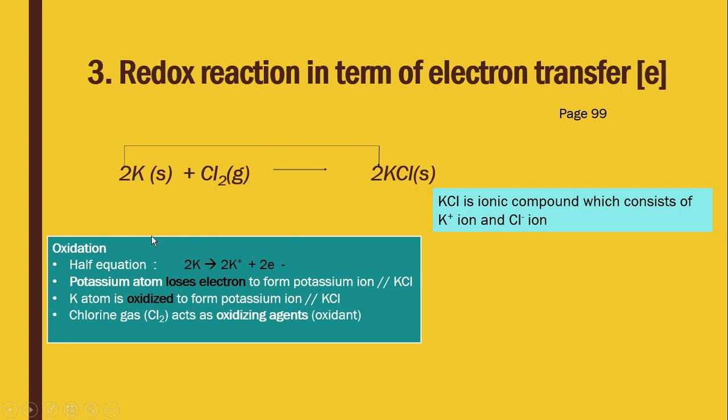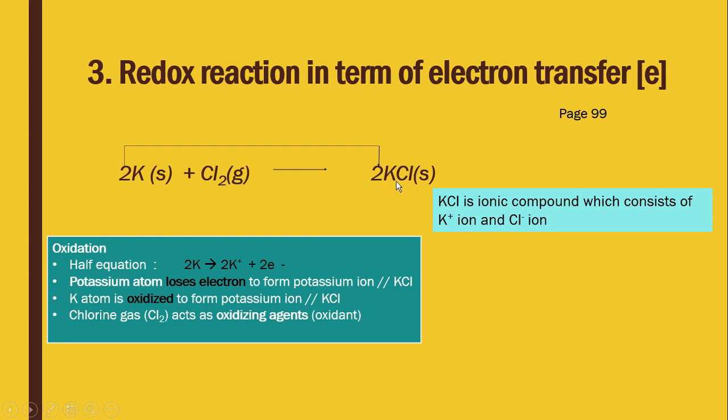After the reaction it becomes KCl. KCl is an ionic compound which consists of K plus ion and chloride ion. Why is it an ionic compound? This is related to chapter 5 in Form 4: when a metal reacts with a non-metal, it will produce an ionic compound.